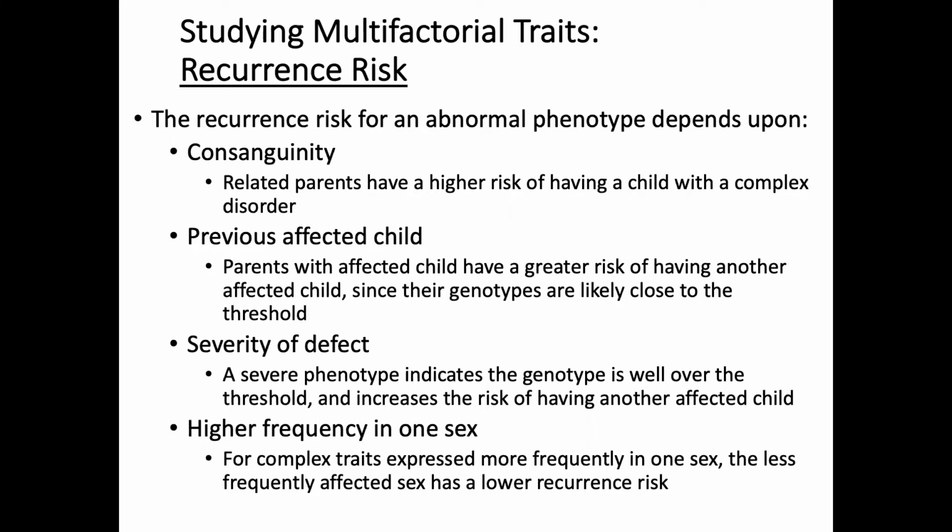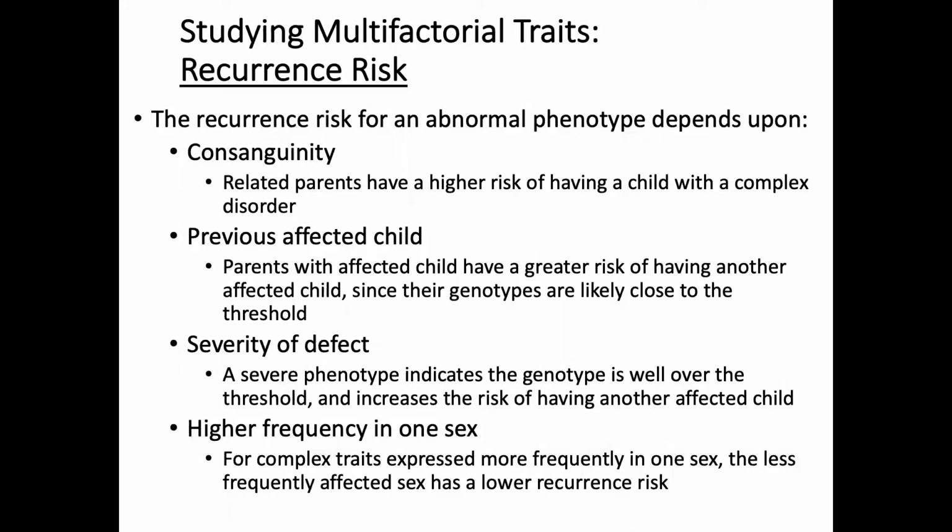Another way to study multifactorial traits is the recurrence risk. The recurrence risks are empiric risks derived from population studies. Listed are several factors that contribute to recurrence risk determination. First, we talk about consanguinity, as related parents have a higher risk of having an abnormal child. Second, a previously affected child.